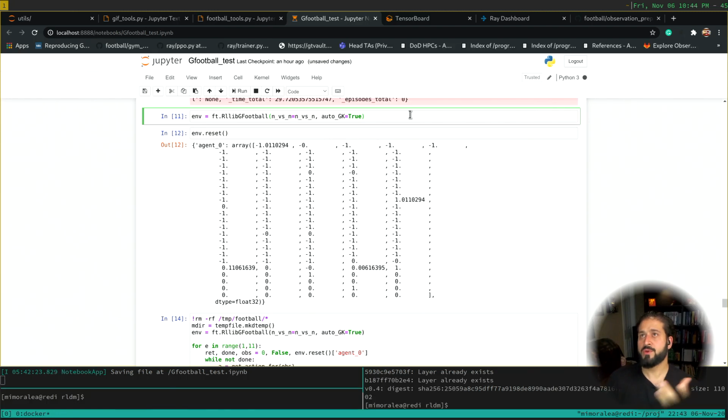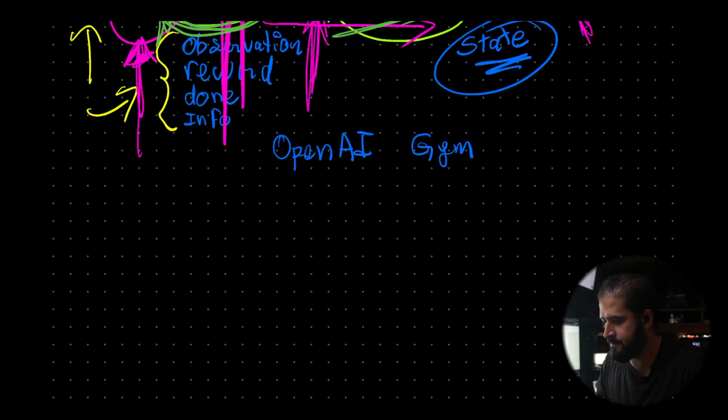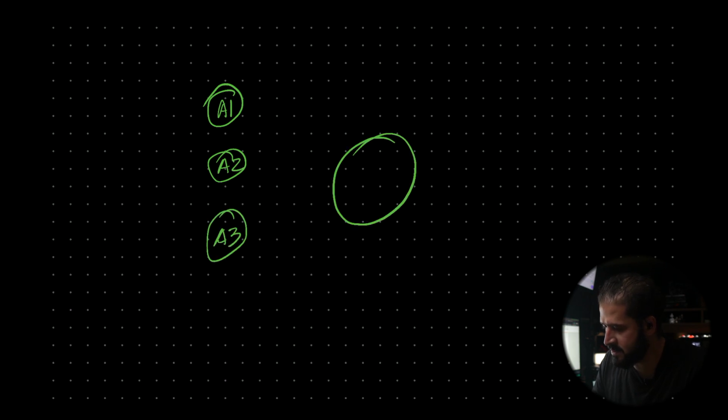But what people use for multi-agent is a dictionary. Let me go back to this. Okay, you can see that. So remember the agent. You can imagine here now we're gonna have agent 1, agent 2, agent 3. And then you have a single environment.